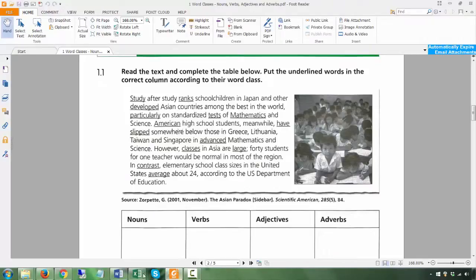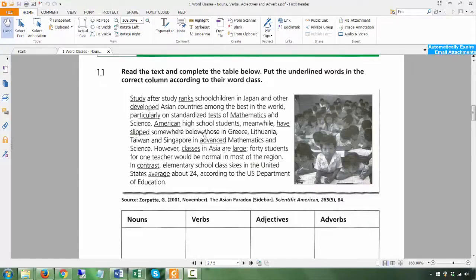So rank, again, here study is a noun. Rank is a verb, okay? Rank could also be a noun, but here it's used as a verb, right?